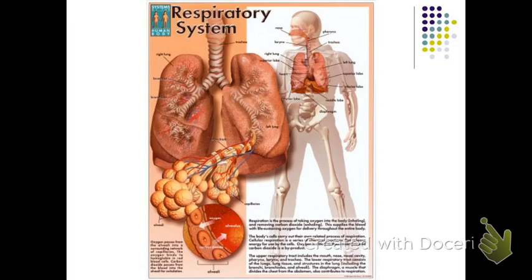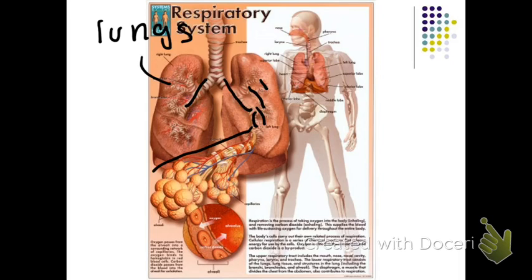So here we obviously have our lungs, and then we have our branching bronchi, our right and left bronchi respectively, which branch into the bronchioles, and the bronchioles eventually break down into the alveoli, which are responsible for gas exchange.